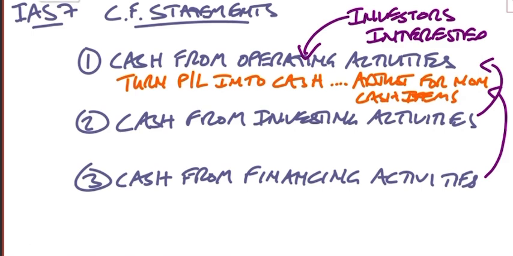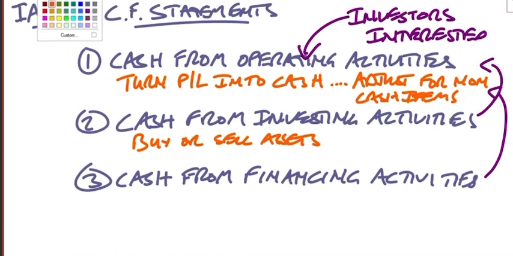Once you've done that, then you need to look at your cash from investing activities, but that's really easy. That's where you buy or sell assets. So we're talking about financial assets, subsidiaries, associates, property, plant and equipment. We're talking about everything there. So if you buy it, well, then you're going to have paid a certain price for it.